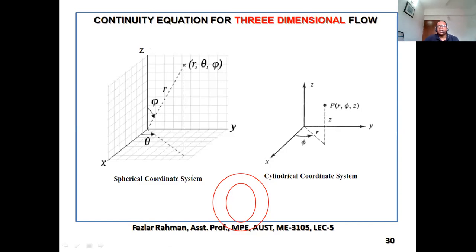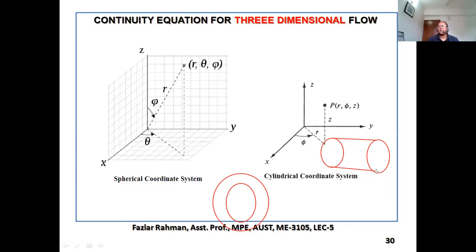Okay. And the right-hand side is called the cylindrical coordinate. Say you have a pipe flow. You would like to study the flow of air inside a tube or pipeline or submarine, inside an aircraft body.